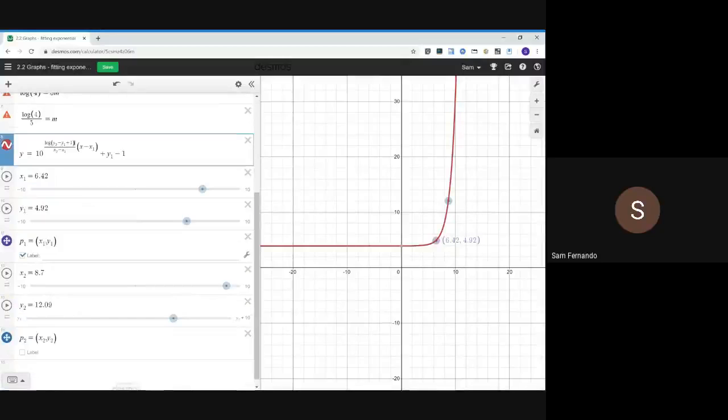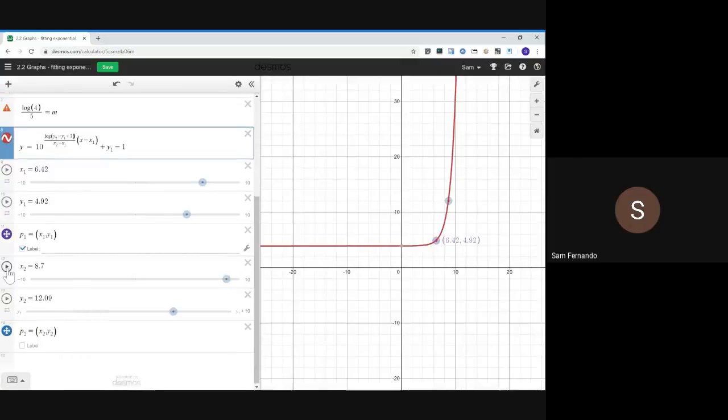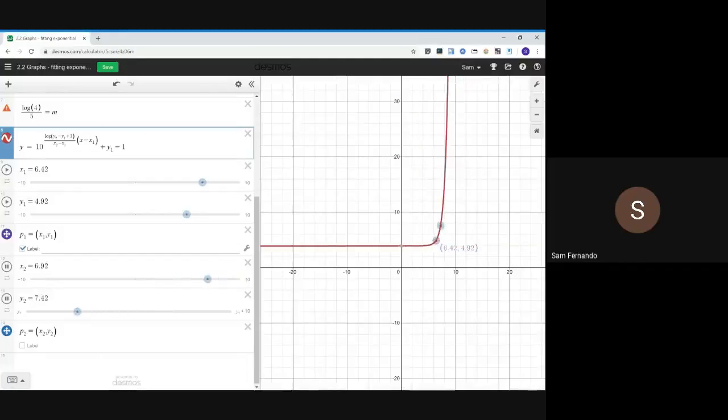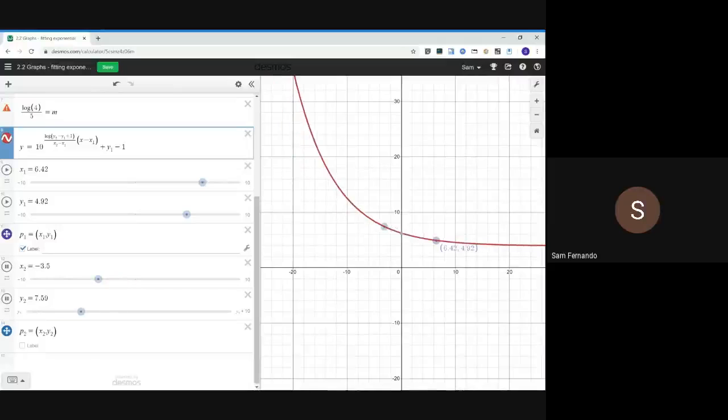Okay, there we go. Now I can play. So we've got the second point moving around, and the exponential curve is adjusting to fit through it, which is very cool. So this here is the general formula for an exponential through any arbitrary point.